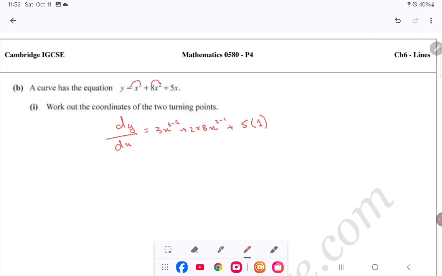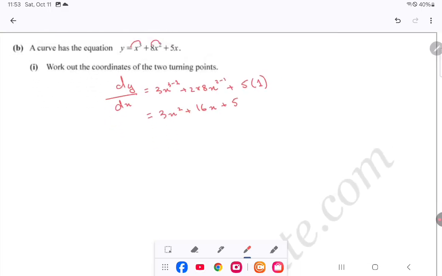Now if we simplify it furthermore, 3x square plus 8 into 2 is 16x plus 5. This is the simple one-time derivative of the given cubic equation. Now we have to calculate the value of x in order to get our y.